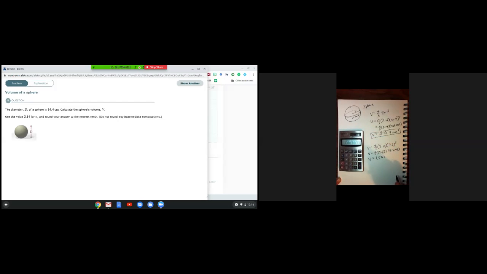What are we rounding to? The nearest tenth. So we look to the hundredths, that's a 6, we round up, that's going to be a .7. And our units, of course, are centimeters cubed.